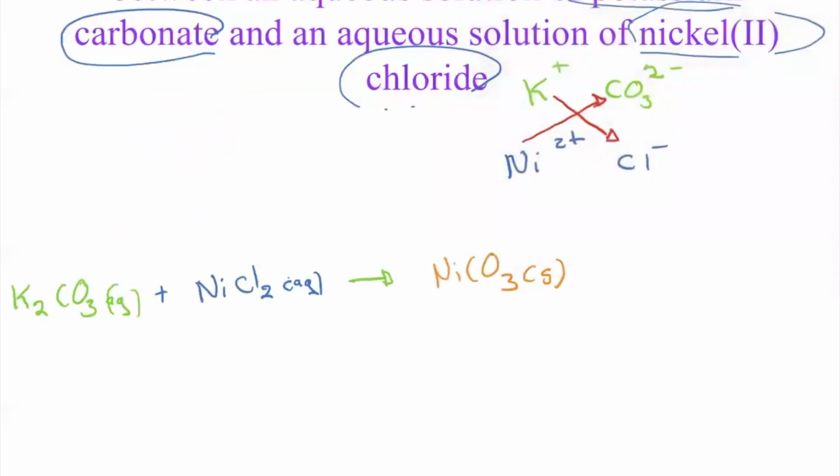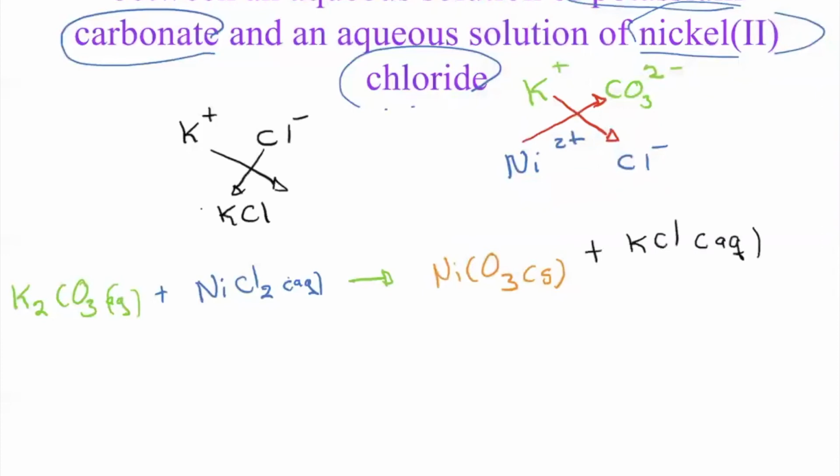My cation is potassium and my anion is chloride, crisscross. Always put the cation first: potassium chloride. That's my other product, KCl, and according to the table, it is soluble. So we write aqueous.